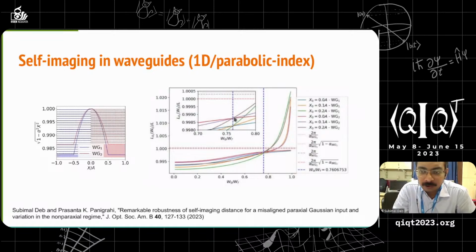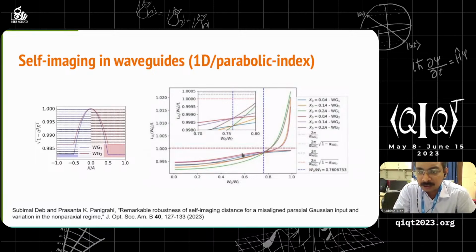Depending on, of course, the wavelength and the other material parameters, the percentage difference is not that high, but it's quite distinct. The paraxial expression for the self-imaging distance can be shown to be roughly about 2 pi by alpha, where alpha is a measure of the numerical aperture. I've shown it in a previous slide.